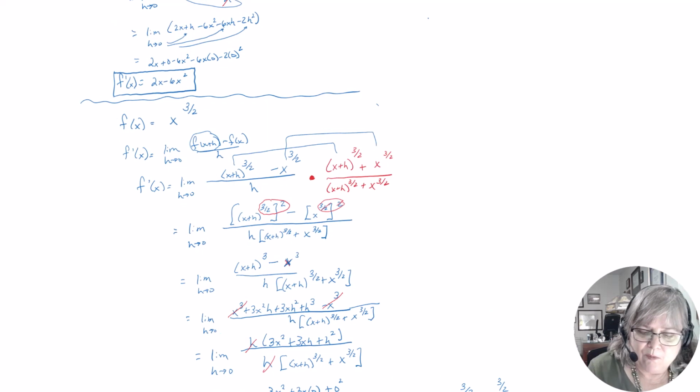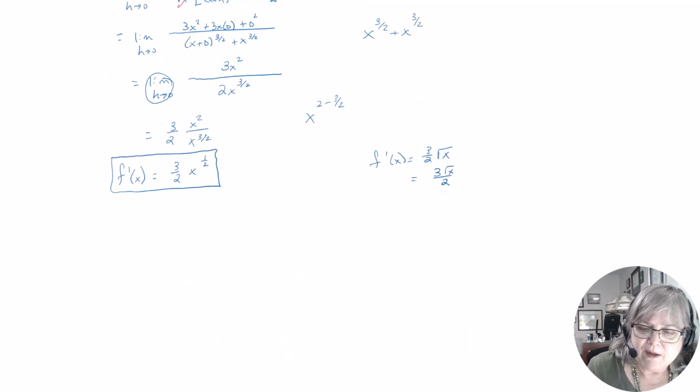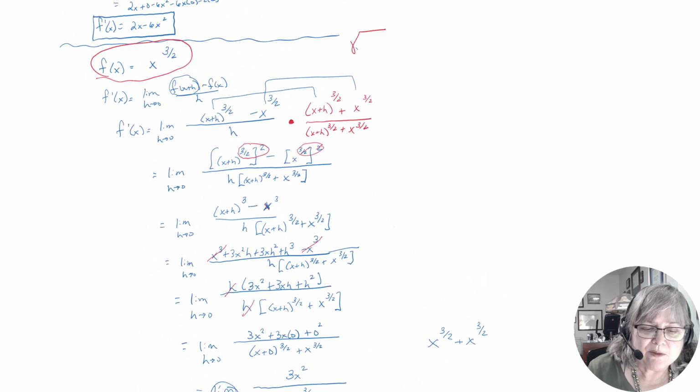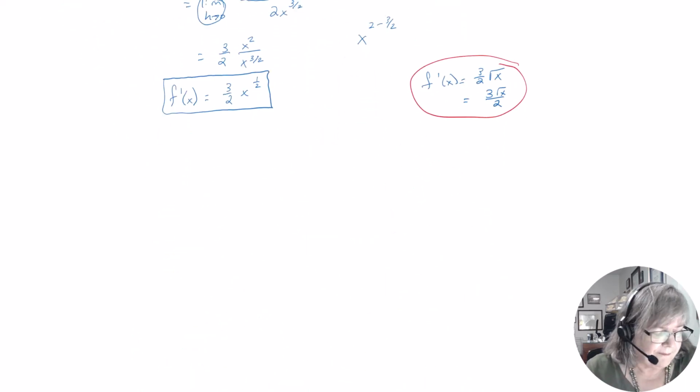What they gave it to you as was x to the 3 halves, not a square root. So it would be bad form to return it like this, because that's not the form that they gave it to you in. So they gave it to me in powers, so I'm going to give it back to them as a power. Okay? One more, I swear it, and then we'll be done.